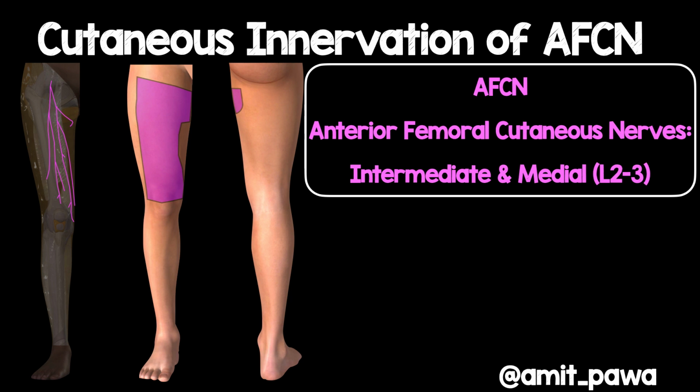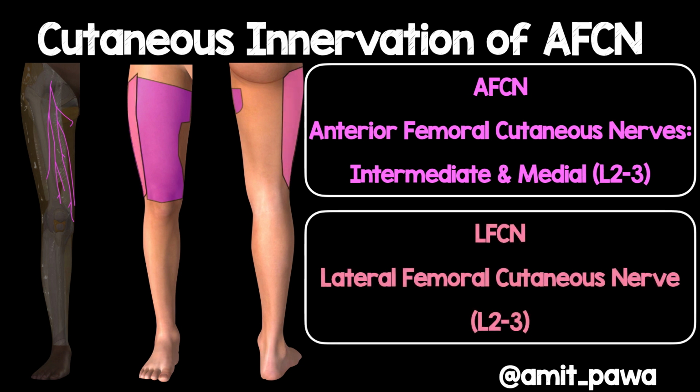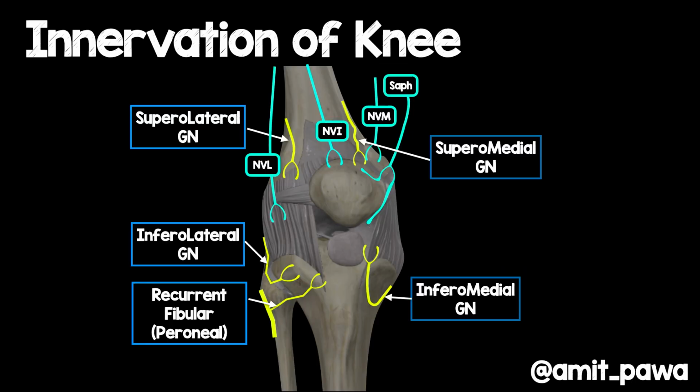So the anterior femoral cutaneous nerve branches into the intermediate femoral cutaneous nerve and the medial femoral cutaneous nerve. And if I superimpose the dermatomal coverage from the lateral femoral cutaneous nerve here, you can see how these cutaneous nerves can actually be responsible for a large part of thigh analgesia.